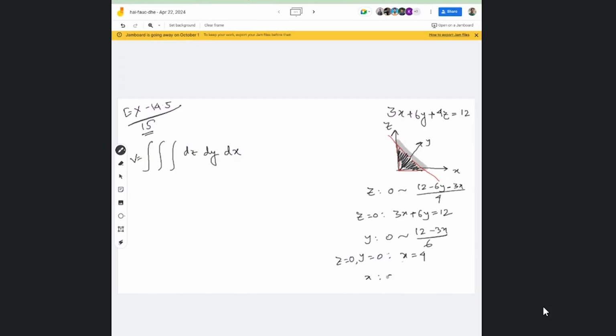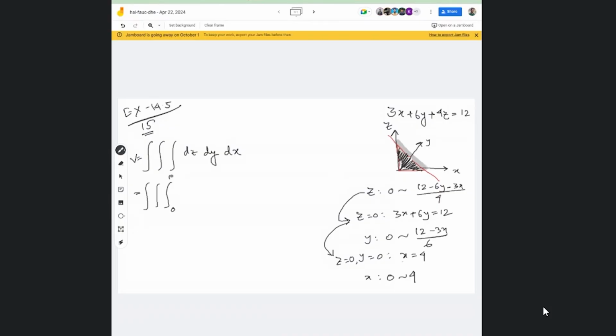Therefore, x will be limited from 0 to 4. I believe all of you understand how we reduce from three-dimensional space to two-dimensional space and then to one-dimensional space. If you have any question, you can ask me.